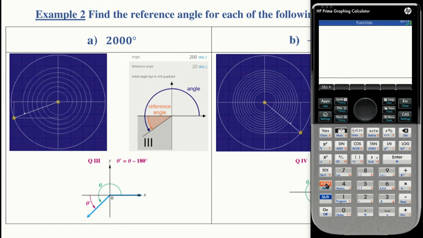So what we do is we go ahead and we take 2000, we divide it by 360 to see how many full revolutions are hidden inside 2000, and we can see there's 5.5, basically slightly over 5.5. So that means you start here, you go full circle 5 times, and then another slightly more than another half a rotation, right? And that makes sense because that's where you end up.